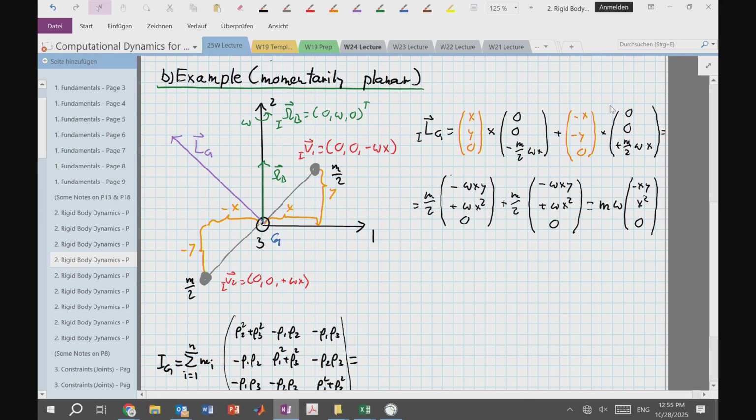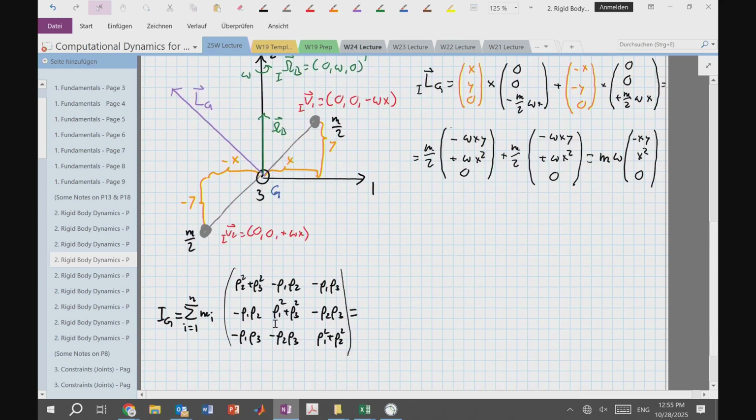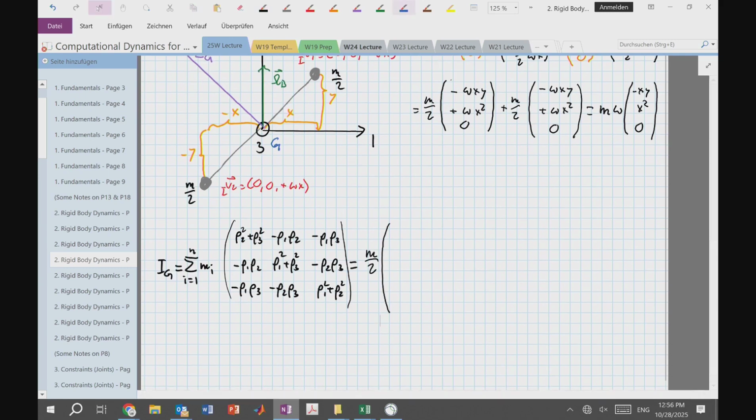Here I went sort of the way through going through the linear momentum and then multiplying with these lever arms, now in the sense of a cross product, to get LG. I could have done it the same way going through the inertia matrix. And the inertia matrix would be the sum over all particles. And then we have these row expressions where here, row 1 is plus or minus x, plus for particle 1, minus for particle 2. Row 2 is plus minus y, and row 3 in all cases is 0.